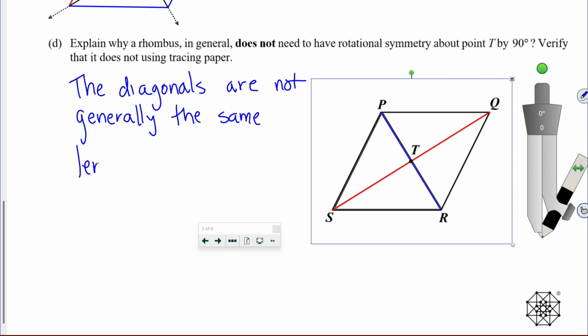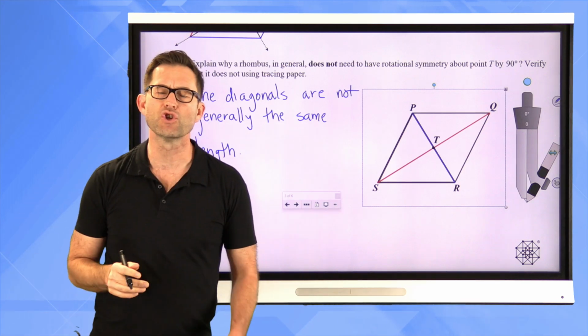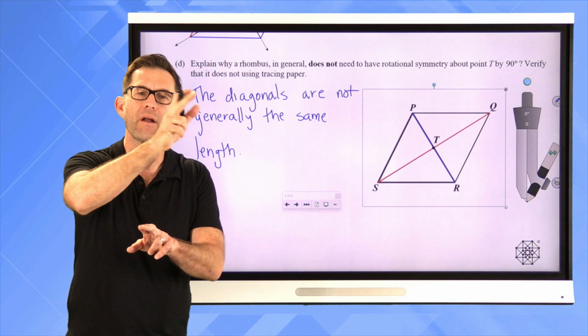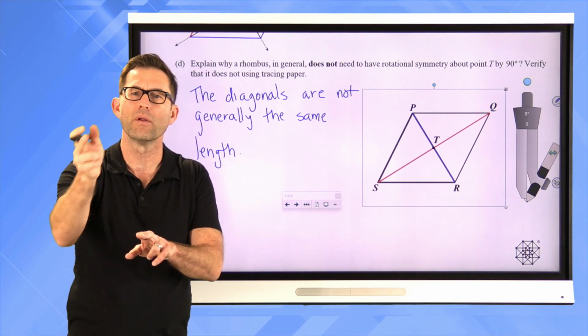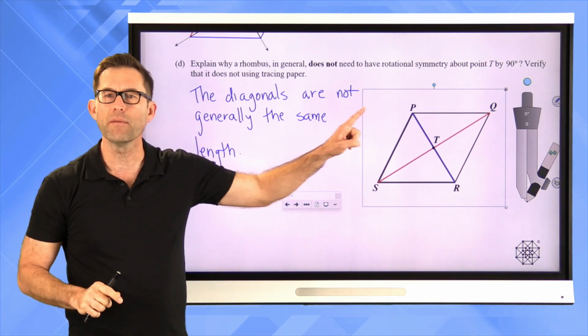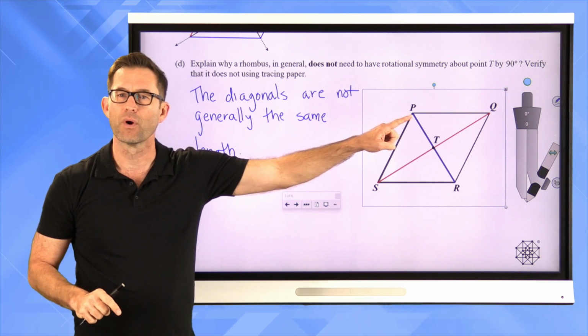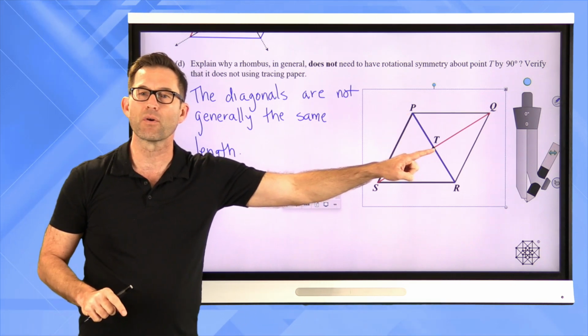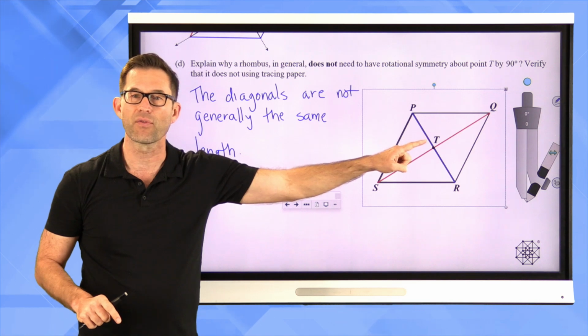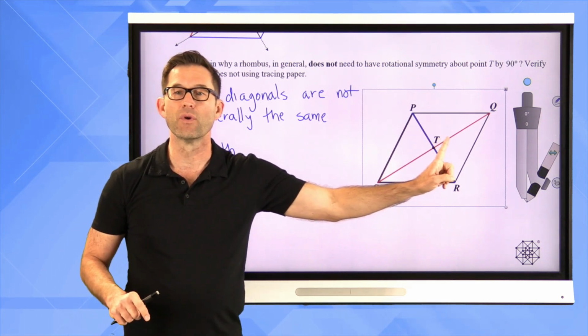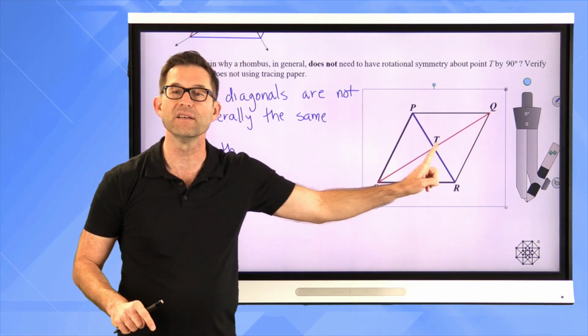And keep in mind, the whole idea of a rotation is that we're moving a point along a circle. And so point P, when it's getting rotated, is moving along a circle that has a radius of this length, whereas point Q is rotating along a circle that has this length.